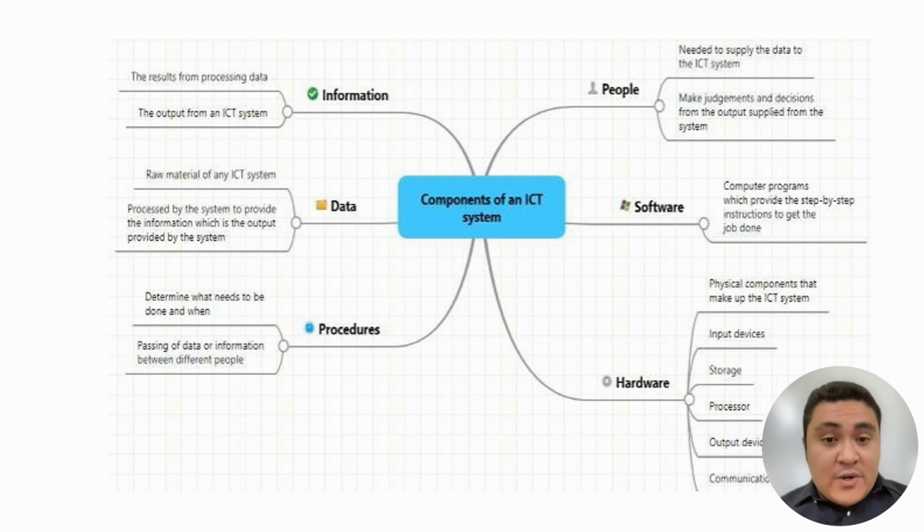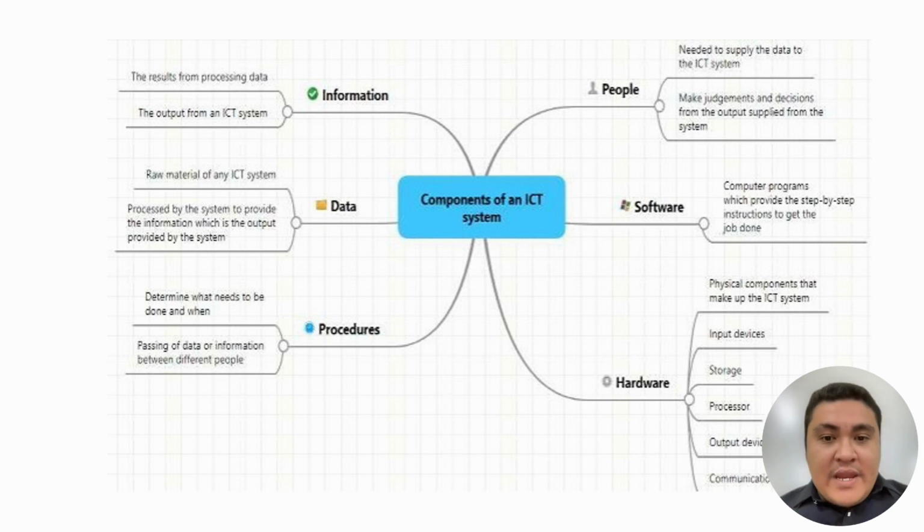You also have the hardware. So these are actually physical representation of ICT in our day-to-day living. So these are components that make up the ICT system, which includes input devices, storage, processor, output devices like your monitor, and communication devices like your mobile devices.